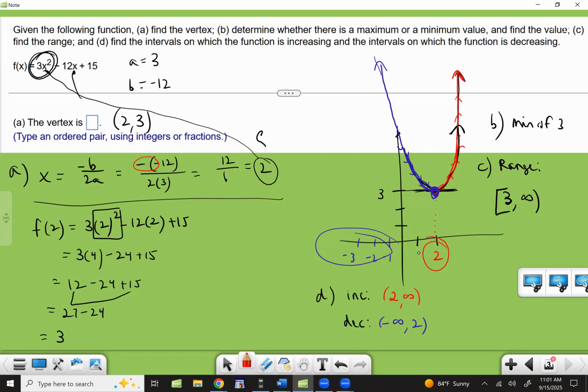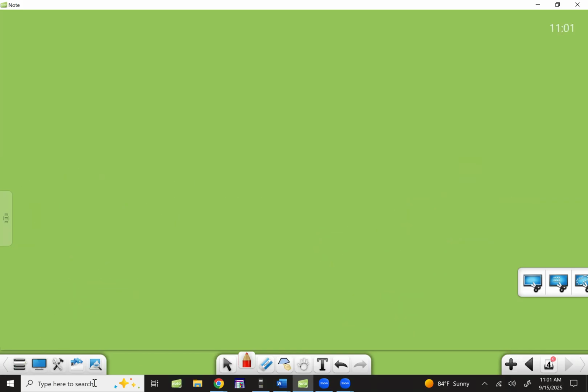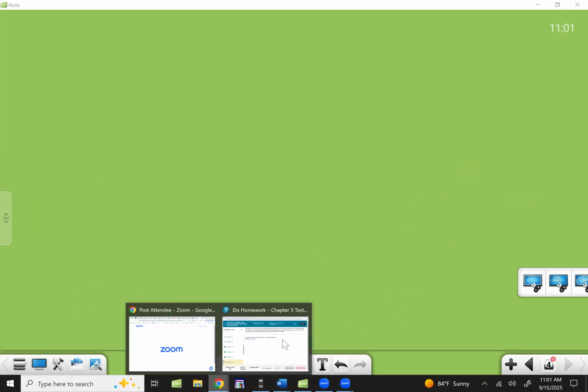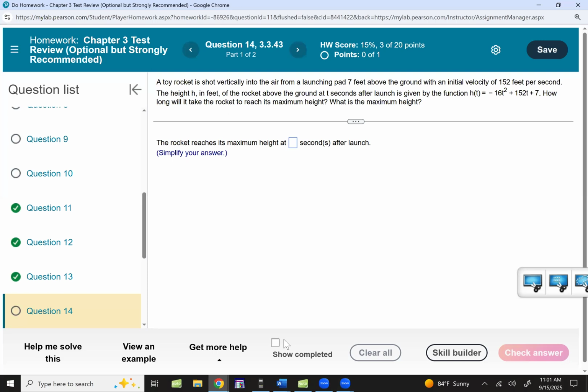Technically, it's where a decreasing meets with an increasing. So we have to toss that point out. We can't claim it for the increasing. We can't claim it for the decreasing. So it's kind of like it's doing both. So how do we show that a point is not included? We show a point's not included with parentheses. So just make sure that you use parentheses when you're talking about constant increasing and decreasing.